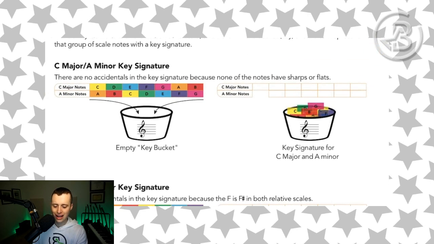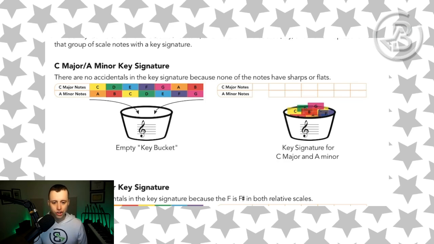So a C major scale and an A natural minor scale actually share the same key signature because they share the same notes, just in a different order.